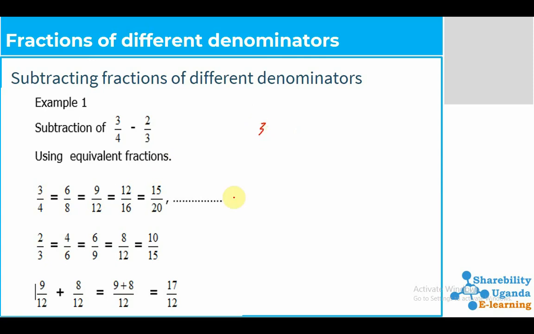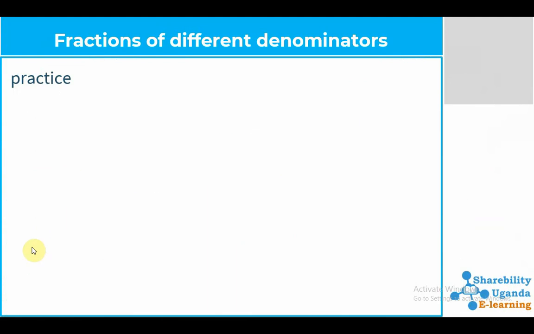So we are going to get the equivalent of this fraction, which is 3 out of 4. We can look for any number. Let me assume we have a 2. Using our 2, I'll multiply the numerator 3 and the denominator 4 by it.